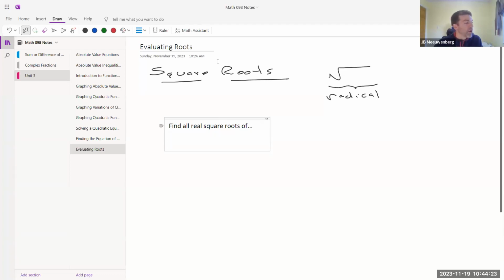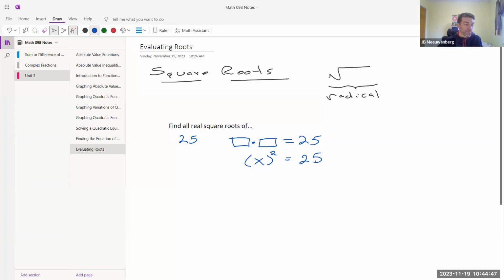So if I say find all real square roots of, and then I give you the number 25, what that question means is, give me all the numbers that make this statement true. Something times itself is equal to 25. Or what number squared is equal to 25.